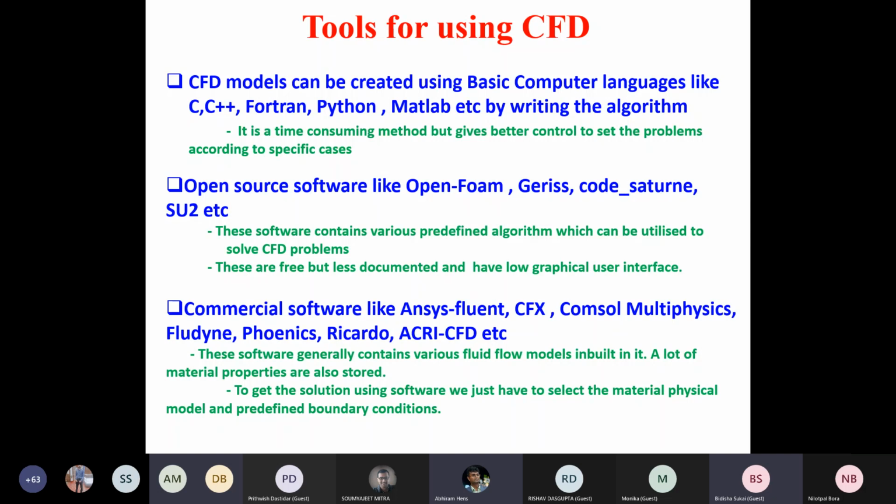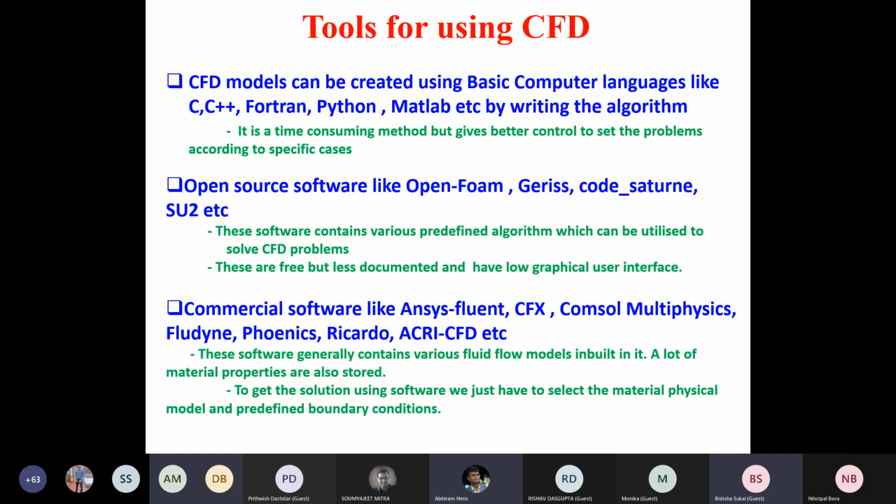But most of the time it is a time-consuming method, but it gives better control to set the problems according to the specific case. Solver development by writing is a time-taking matter.